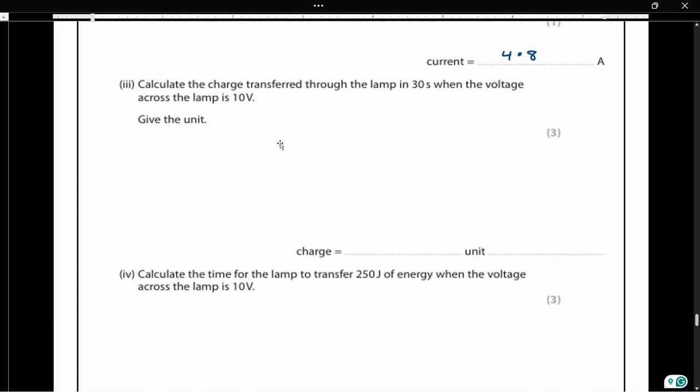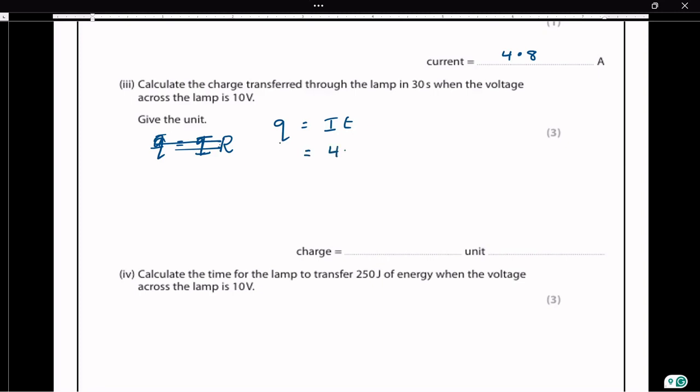The charge transferred. Just now we have seen the equation for charge. It is the product of current and time. Charge is the product of I and t, so Q equals I t. What is the current?